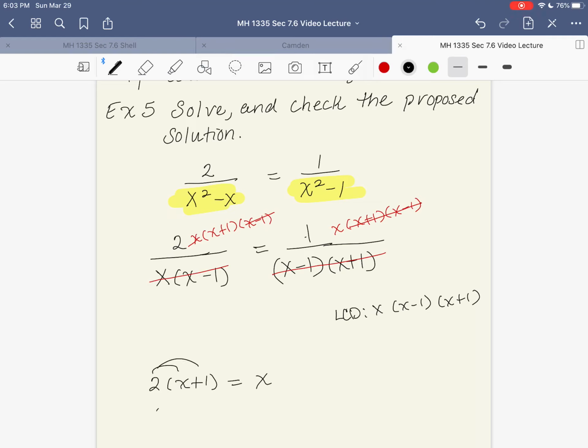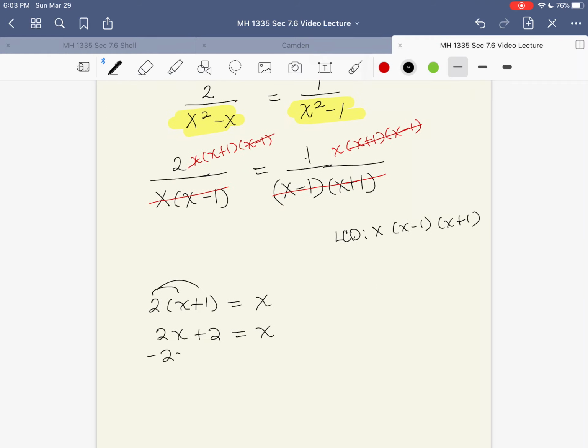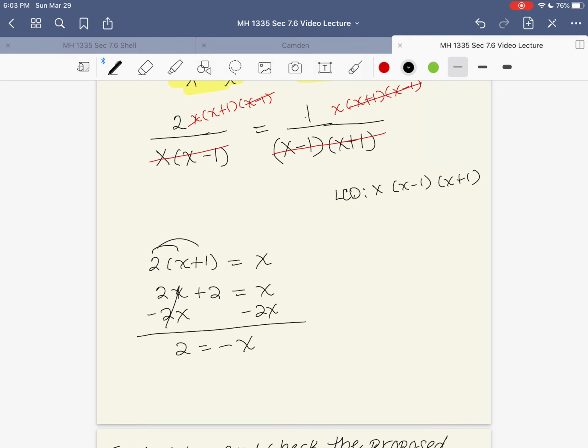Distribute: 2x plus 2 equals x. Subtract 2x. So 2 is equal to negative x. And if you divide both sides by negative 1, you get x is equal to negative 2.